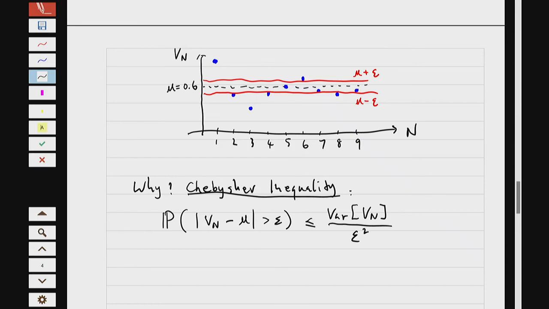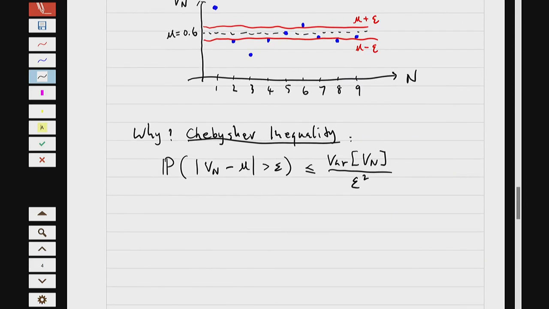I hope this rings a bell to most of you. The Chebyshev inequality. Basically, it says that a random variable cannot be too far away from its own mean value. The probability that it is more than epsilon away is upper bounded by this. Of course, the larger the variance, the more likely it can be further away. So it makes sense, right?